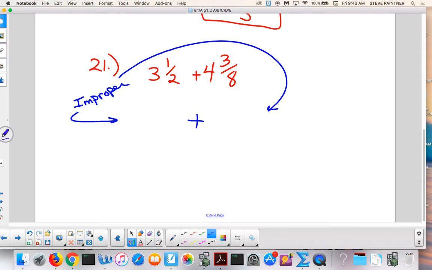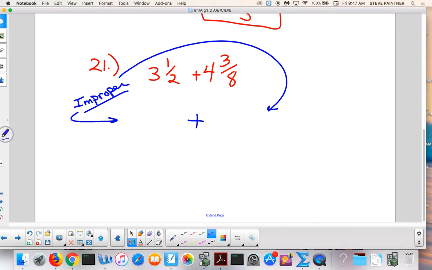Daisy, do you know how to do it? How do you change 3.5 to improper? Okay, tell me what the times. I think you're a step ahead of me.